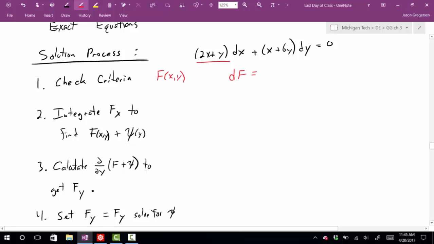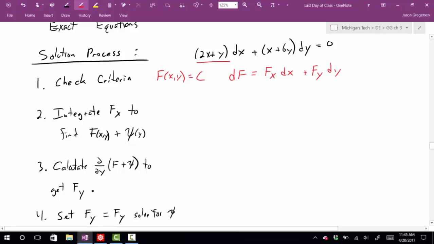Well, to do that, we say let's take the partial of that function with respect to x times dx, plus the partial of that function with respect to y times dy. Okay, that's the differential. You might have seen this in Calc 3. And then we say, what if we look at a special function that's just equal to a constant?